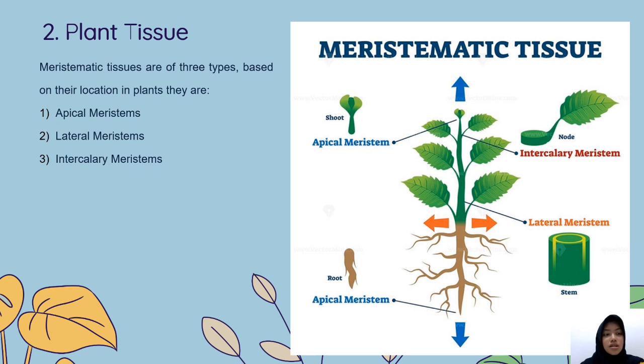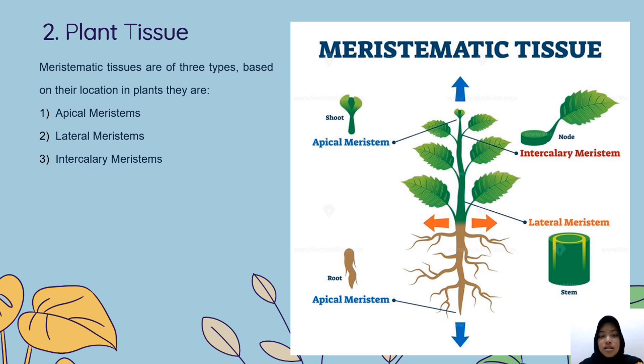First, meristem tissue are of three types based on their location in plants. There are one, apical meristem, two, lateral meristem, and then three, intercalary meristem. Apical meristem, they are found at the tip of roots and stems, enabling a plant to extend in length.